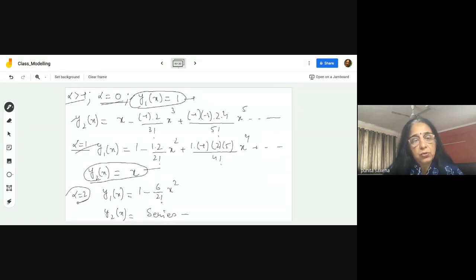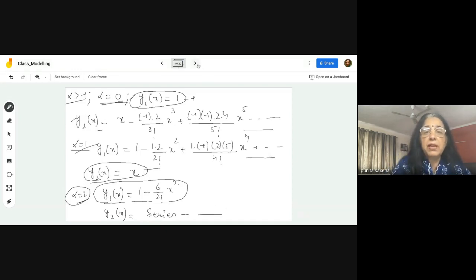For alpha equal to 2, again I am getting y1(x) as a polynomial of degree 2. But the other solutions are still series. For alpha equal to 0, y2(x) is still a series. Similarly, for alpha equal to 1, y1(x) is still a series. For alpha equal to 2, y2(x) is still a series.